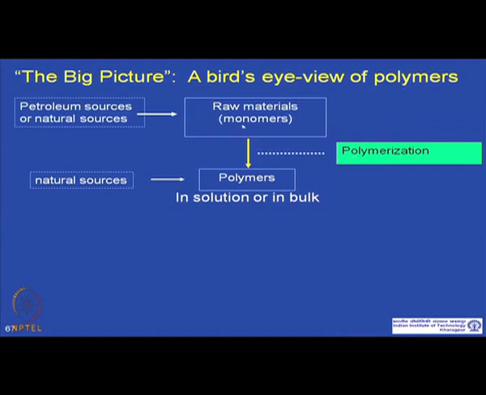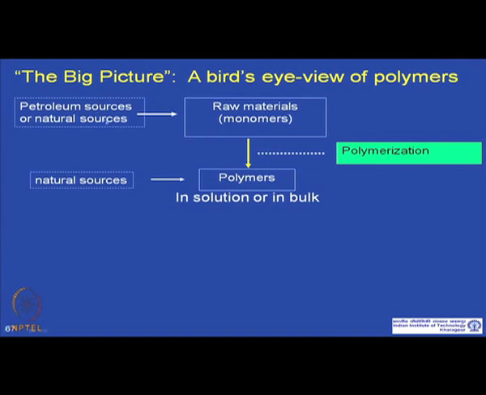What are the sources of these raw materials, monomers? Mainly they are from petroleum sources. So, one of the important trends or requirements for polymer chemists at present is to find out natural sources, because petroleum sources will be over sooner or later. Not only that, the polymers made from petroleum sources actually cause lots of environmental problems like greenhouse gas emission and so on.